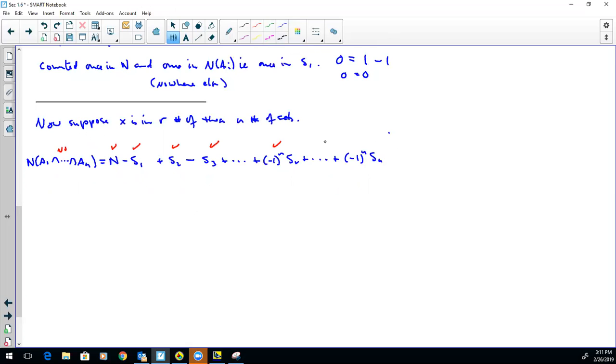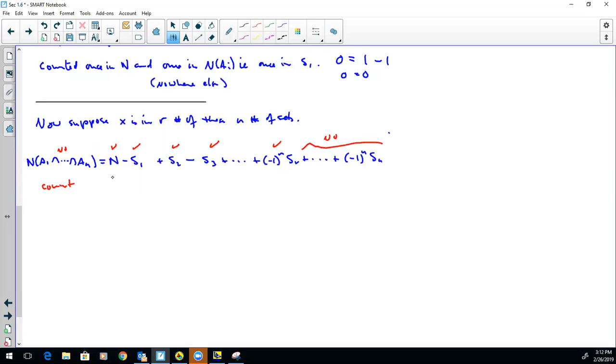It is up to here. Now, from the rest of the way over here, these are intersections of R plus 1 or more sets. X is not in R plus 1 of these sets. It's only in R of these sets. So it's not there. Okay, so let's count then.